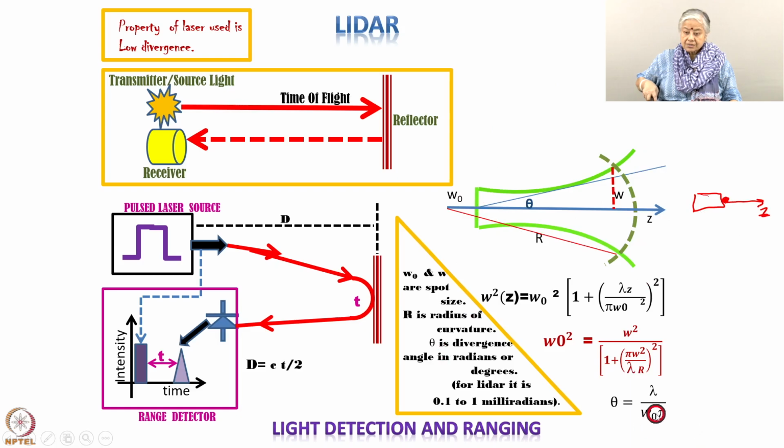So, W0 can be experimentally seen, and lambda means the wavelength that you are going to use for your LIDAR, and once you know that, you know theta. Okay. And from these formula you can find out the spot sizes at different points. This also gives you the likely spot size at the smallest point of the beam. Okay.